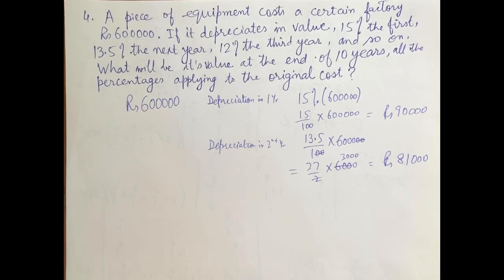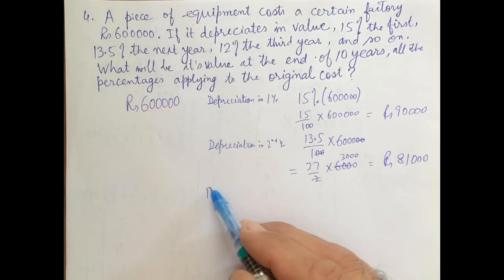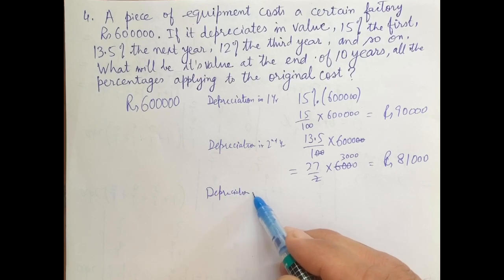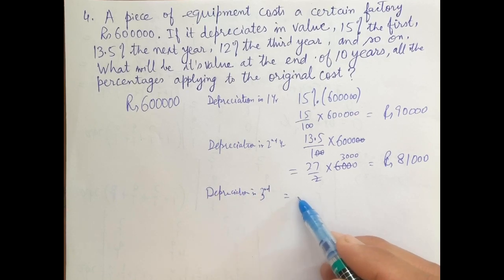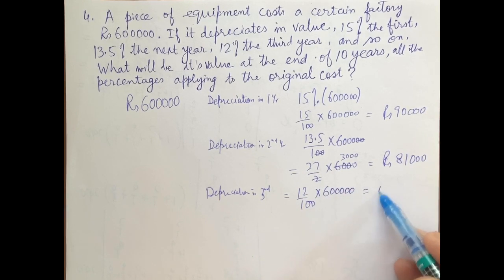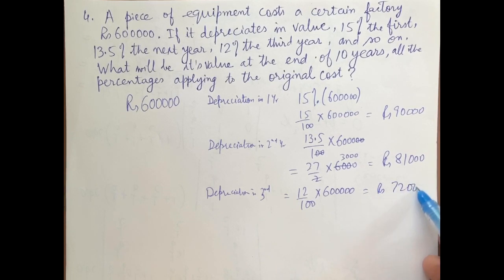So we have to find the value at the end of 10 years. Similarly, we can find out depreciation in the third year. That is 12%, 12 by 100 of 6 lakhs, and that is rupees 72,000.